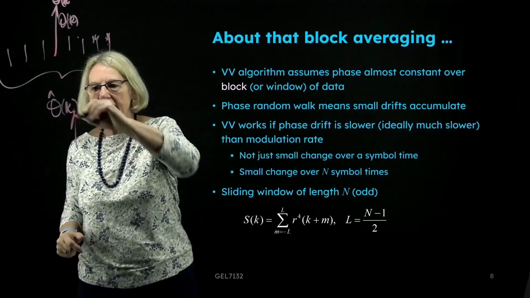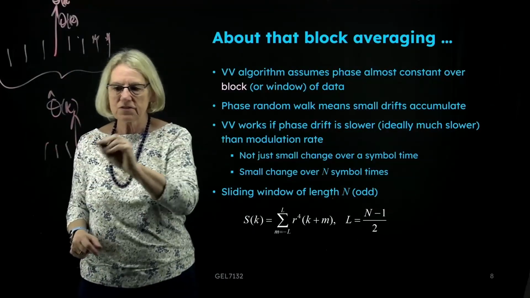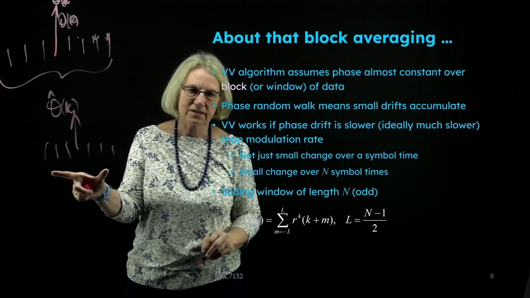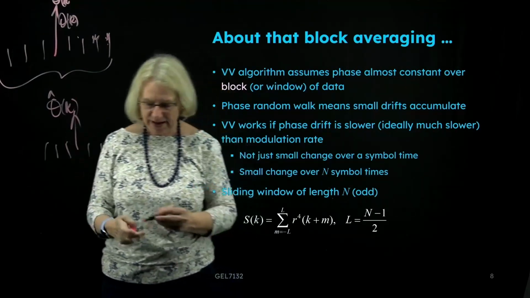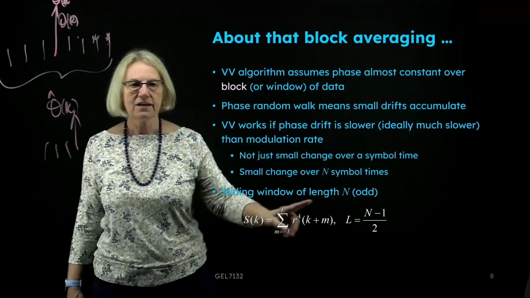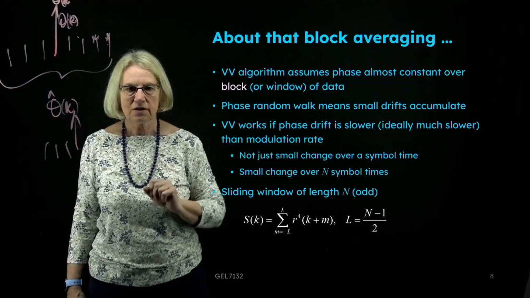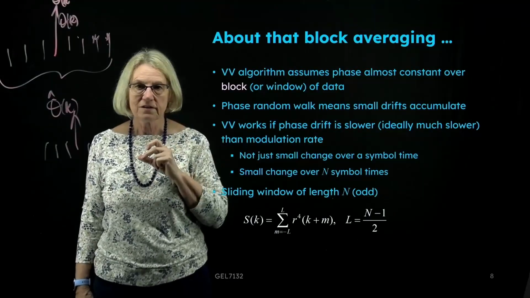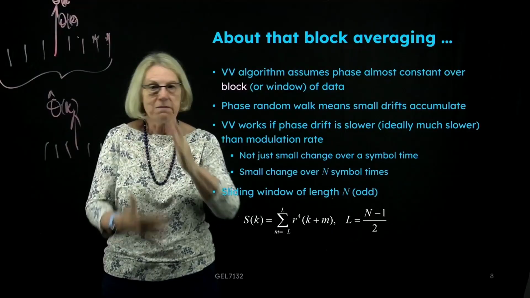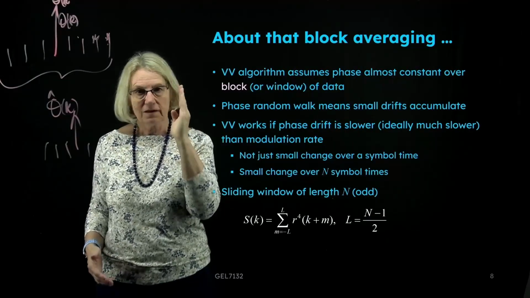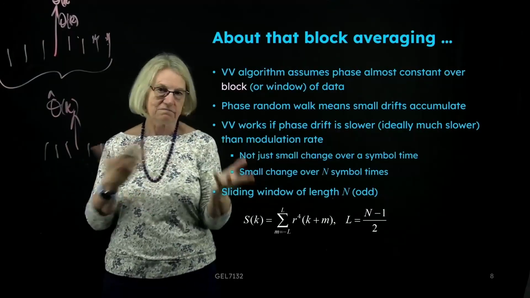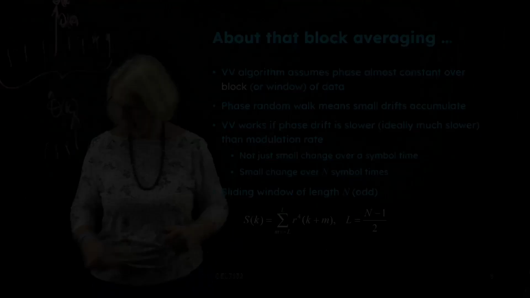Slide my window. Next time I'm going to put that at the center, use the previous ones and follow. Assume that now it's also constant during this time, and make my estimate based on that. So this is the idea of the sliding window of length N, which is used to reduce the noise so that, if it's true, I get just the summation of the same complex exponential at a fixed phase offset, and I estimate what that phase offset is.